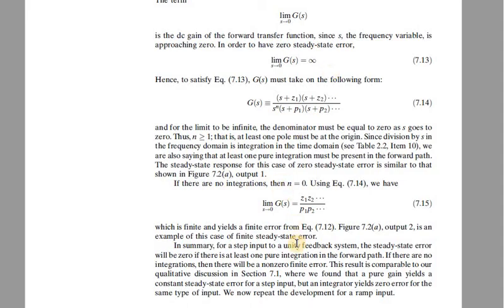If there is no integral available, then you have a finite steady state error. So when we discuss the number of poles at the origin, if you have at least one pole at the origin, in that case you have a pure integral and that makes the steady state error 0. Otherwise you do have a constant steady state error with step input.